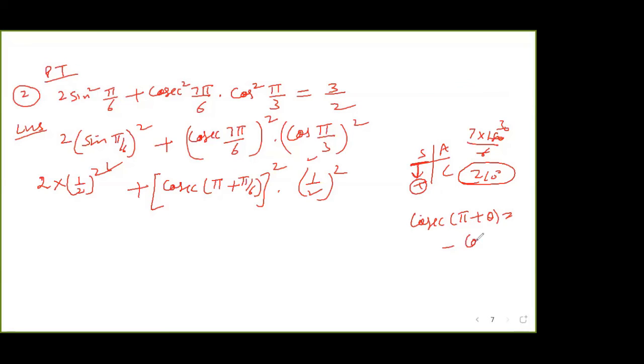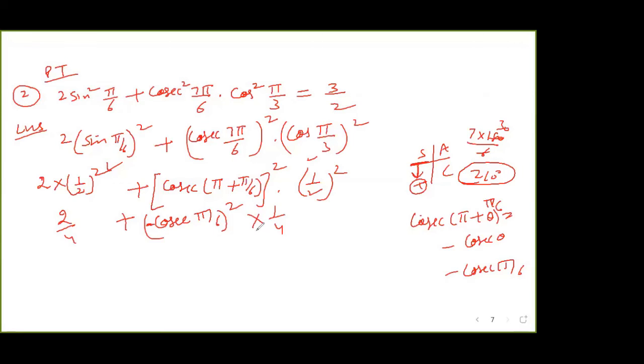Minus cosecant theta you will get. It means cosecant of pi plus pi by 6 gives minus cosecant pi by 6. Now I have to write down: this is 2 into 1 by 4, and this becomes cosecant with minus sign, pi by 6, minus of cosecant pi by 6. Minus sign will be there, remember. This is into 1 by 4.